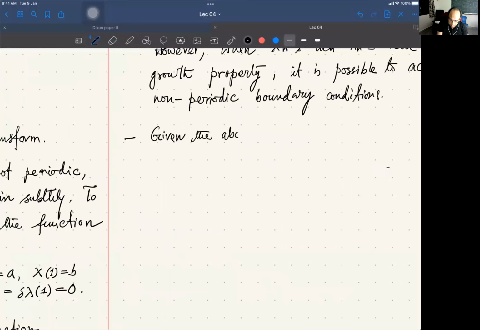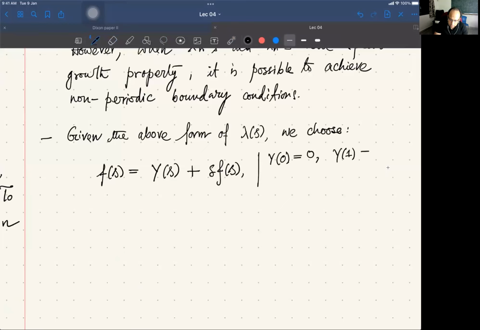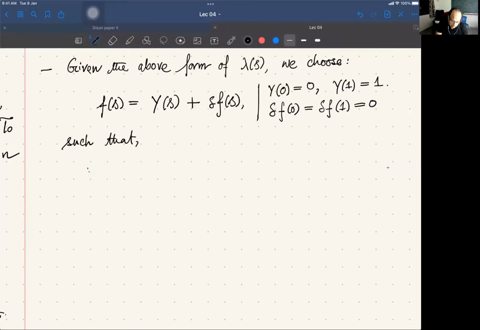Given the above form of lambda, we choose f of s to be y of s plus delta f of s, such that y takes care of the boundary condition, which means y of 0 equals 0, y of 1 equals 1, and delta f of 0 equals delta f of 1 equals 0. So delta f is periodic.